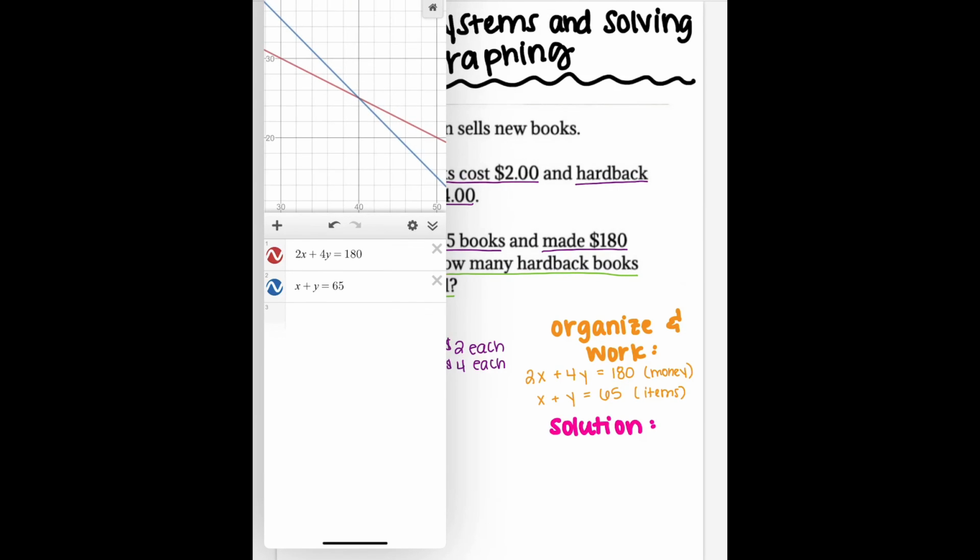So when I zoom out and I'm looking at these two graphs, I need to zoom in to where the red line and the blue line intersect. They intersect, or they cross over one another at the point (40, 25). So this technically is the solution to the system. However, we just need to know how many hardback books were sold.